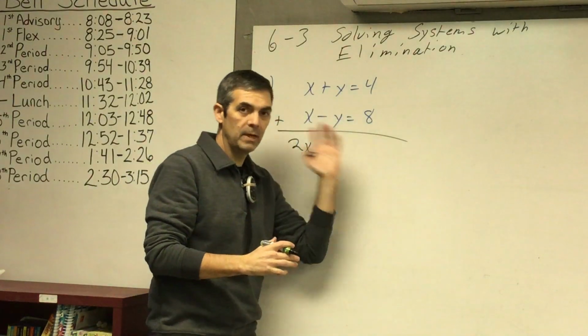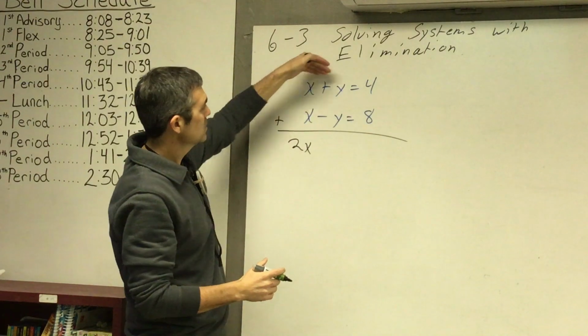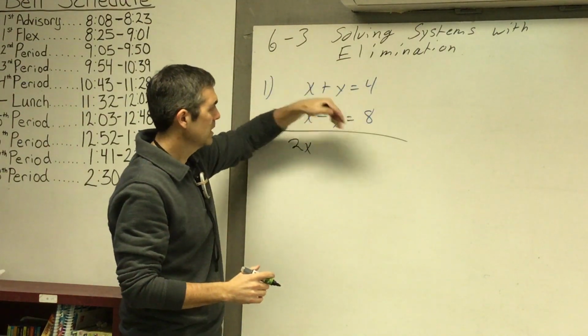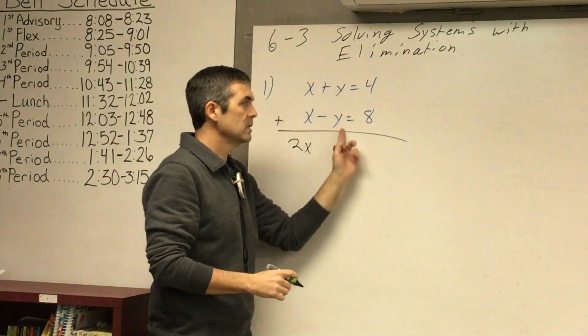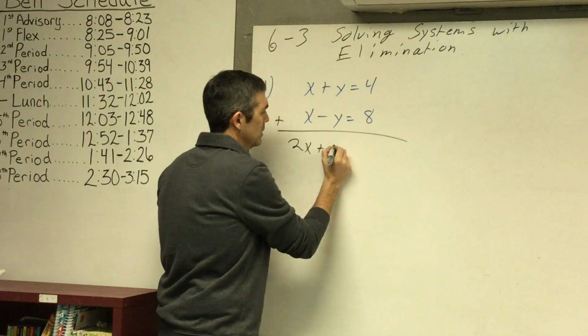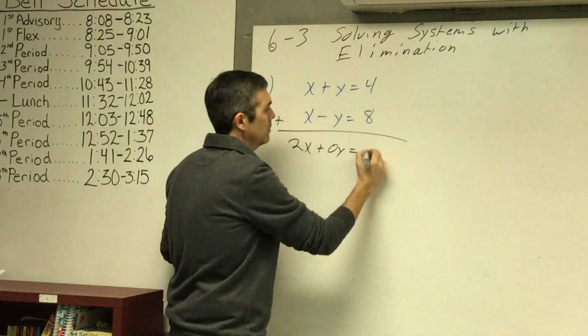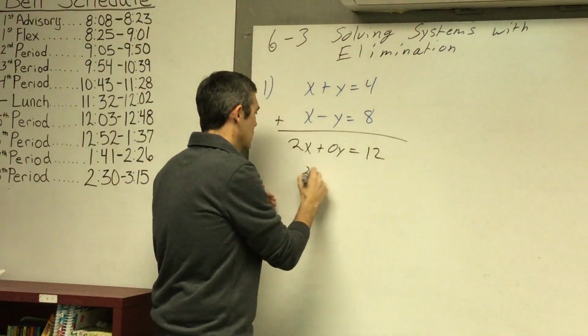This is the very basic of this problem, right? I just wanted you to see it. x plus y equals 4, x minus y equals 8. By adding straight down here, I can eliminate the y's, okay? So what you end up with is 2x plus 0y, which equals 12. Well, 0 times y is 0, so you get 2x.